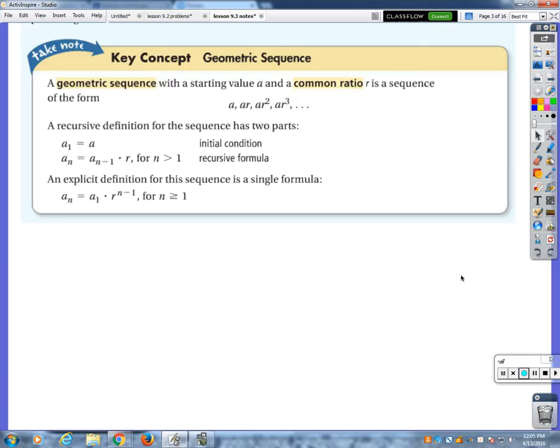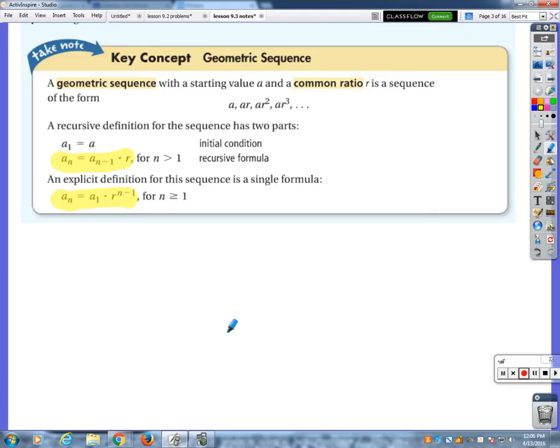So the couple things that you should focus on for your notes is this little formula right here, the recursive formula. The recursive formula is very simple. You just take the term before it and multiply by the common ratio R. The explicit formula is a little bit more complicated.